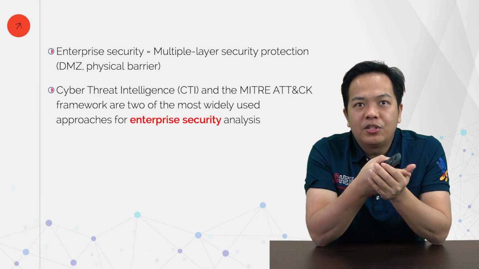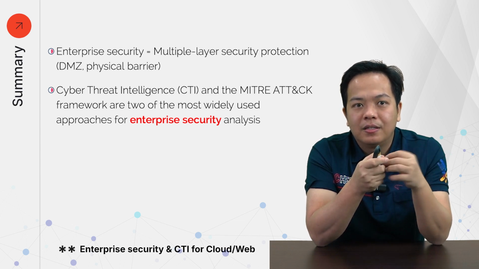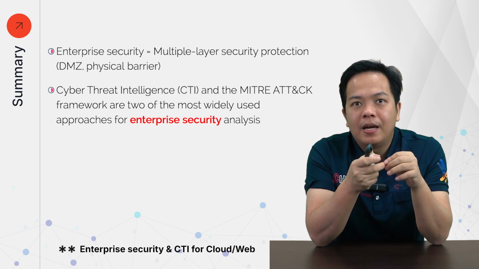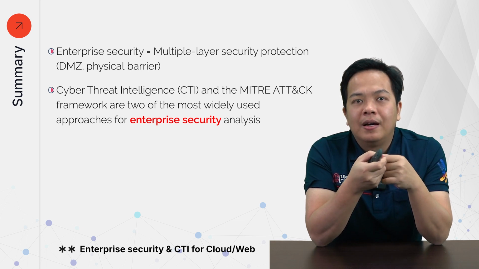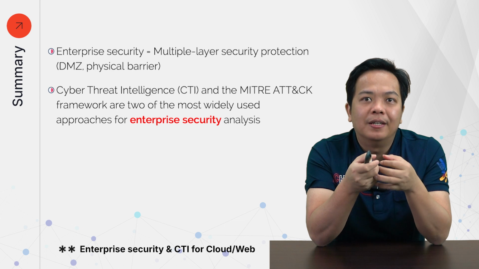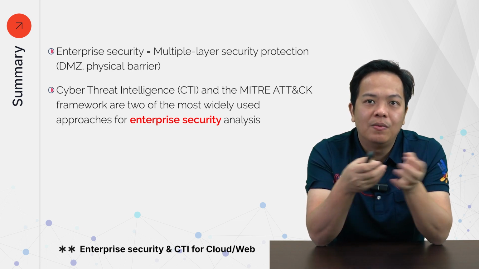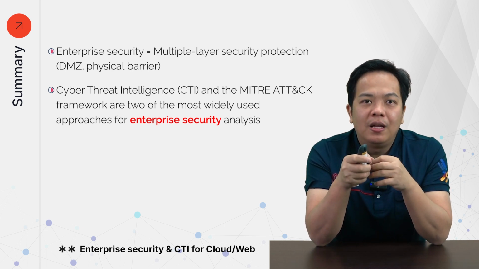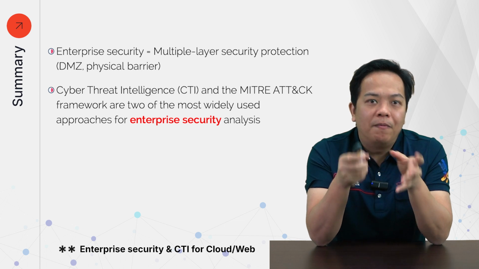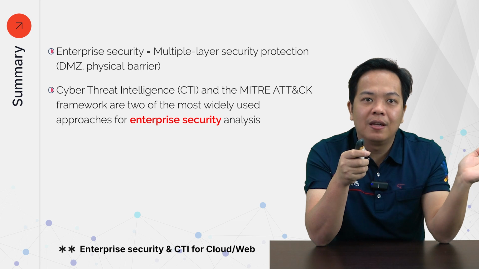Okay, so to summarize this lesson: enterprise security is a higher-level mechanism applied by big companies, and some companies require a very high security level, so they include multi-layer protection like DMS, IDS, firewall, and physical barriers. But enterprise security doesn't mean it's perfect, and after you buy it you can't just forget about security.